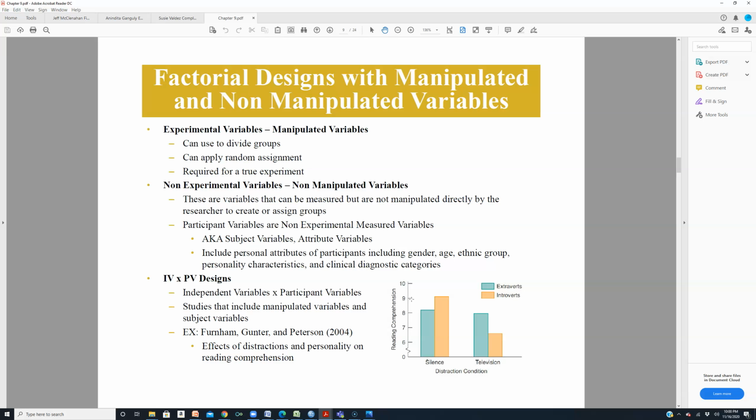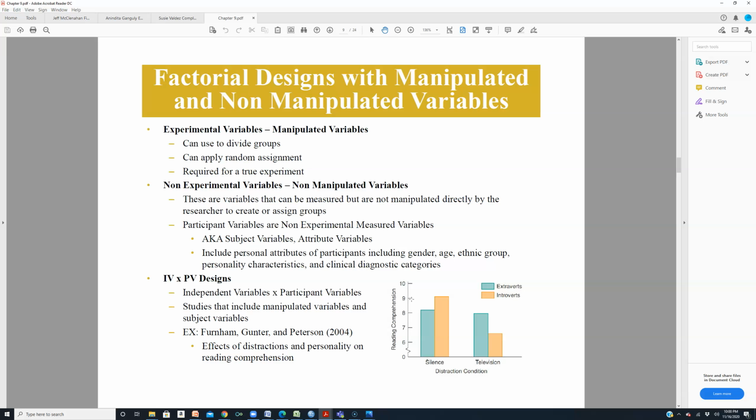And for a true experiment, I have to have random assignment, and I, as the researcher, have to manipulate the variable. Well, we can, in fact, have non-experimental variables where we're still comparing DVs between groups, but I'm not manipulating the variable. These now might come in preformed groups, right?